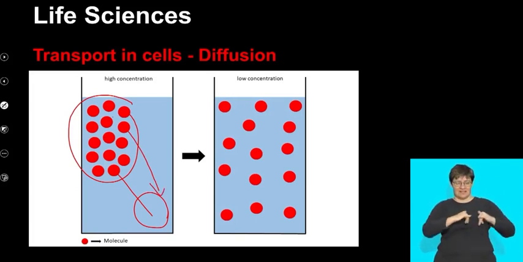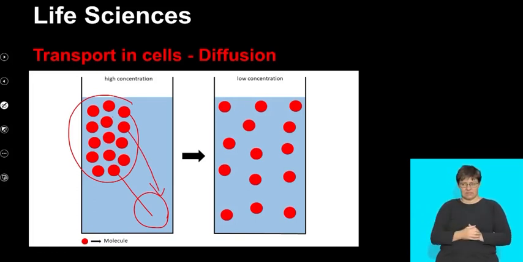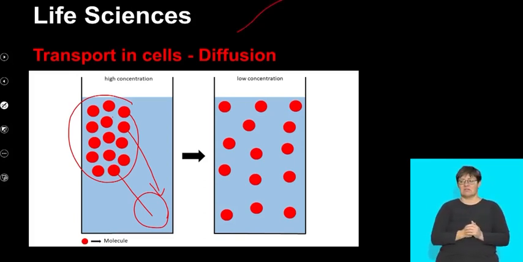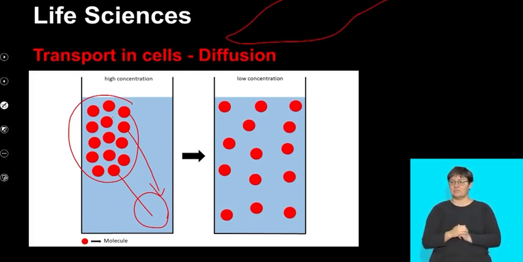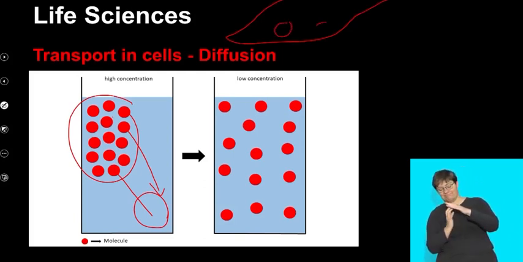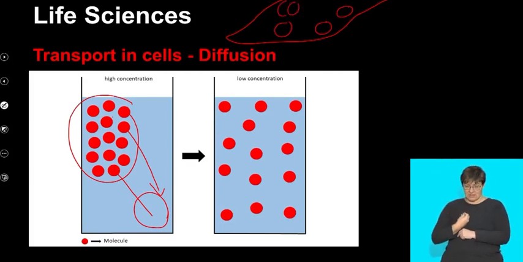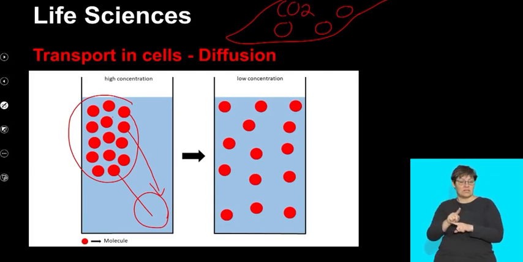I'm going to show you a concept that you're going to come across later. Here I'm going to draw a leaf. At the bottom of the leaf, there are little holes that can open and close. They are called stomata. A plant needs to photosynthesize, and the plant needs carbon dioxide.